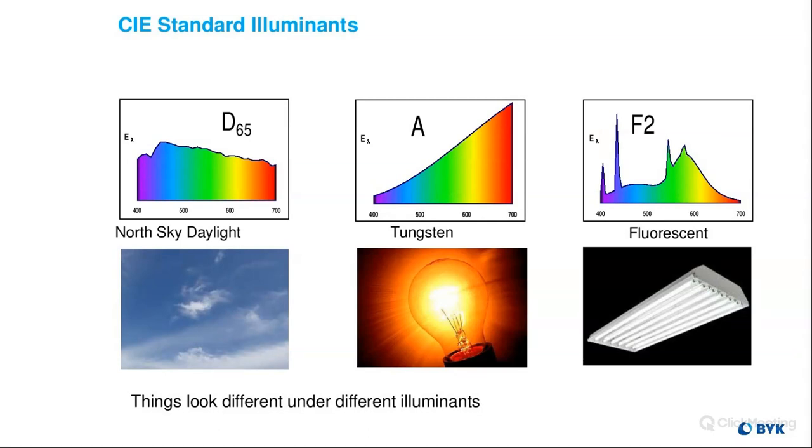We also see tungsten light, which is represented as A. We see it's very strong in the red end of the spectrum, meaning it produces a very warm light, and that's usually found in a lot of homes. And lastly, we have F2, which is our fluorescent light. And we see it has spikes in the blue, purple, and green areas. And so, if you've ever seen a fluorescent light, usually in a department store or an office building, it usually has that very blue light feel to it. And you can see that in that spectrum there.